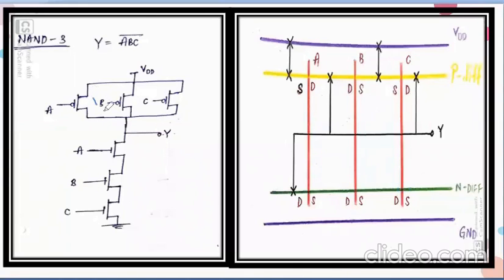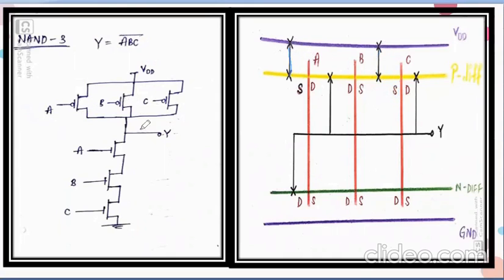Now, the sources of all my PMOS transistors are connected to VDD. So let's see. This is my source of A, this is source of B, source of C. All these are connected to VDD.